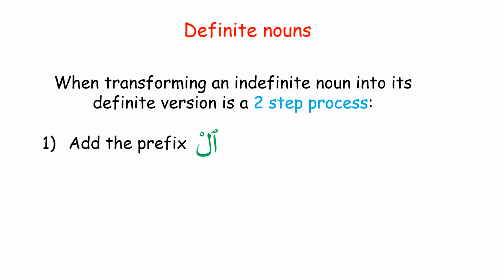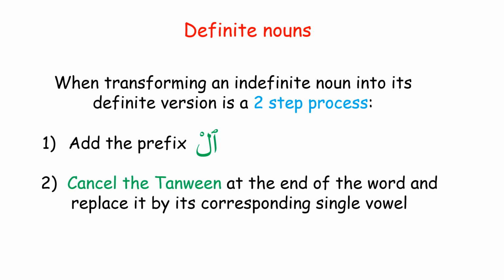Right. When making a definite noun is a two-stage process, all we have to do is add the definite article al as a prefix. Then, as a second step, we have to cancel the tanween at the end of the word and replace it by its corresponding single vowel.